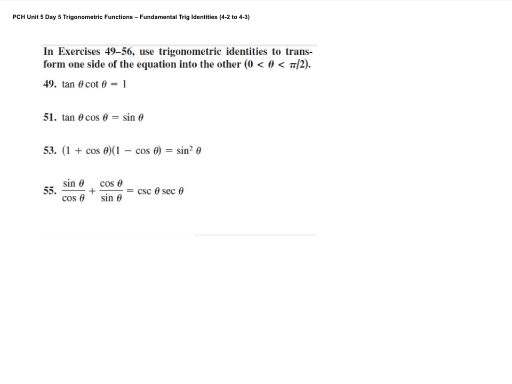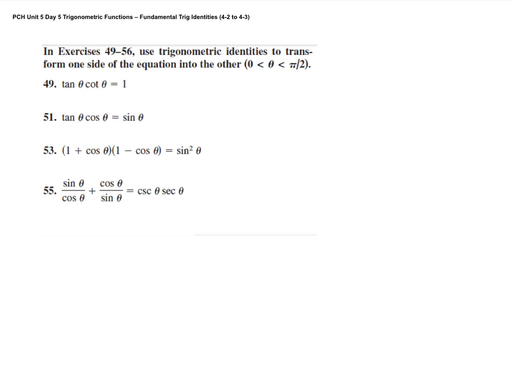Alright? So, for example, on number 49, if I want to prove that tangent times cotangent is 1, I would use, well no, this is the thing, with these, you do not use algebra. Okay. You don't take things from one side to the other, because we're not going to assume that they're actually equal.